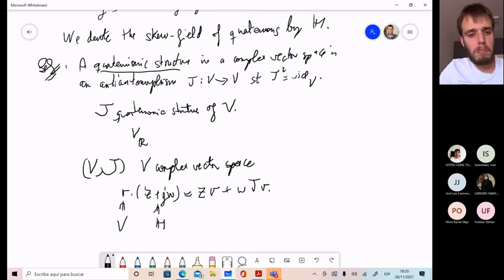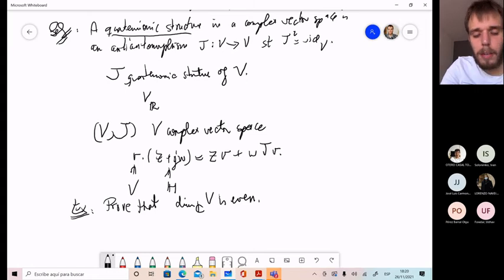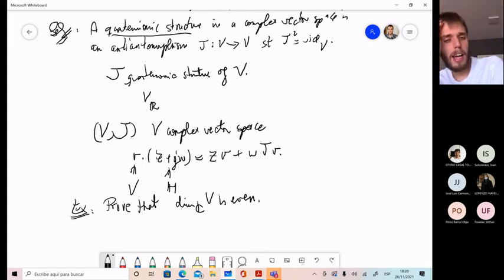So as an exercise, prove that the complex dimension of V is even, as a complex vector space. This is an exercise. I don't know how to do it, indeed. This is something that I was thinking while I was writing the notes. I would like to have a one-line proof, as I showed you before, about the dimension of a real vector space admitting a complex structure.